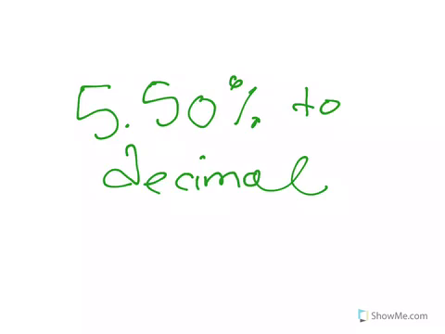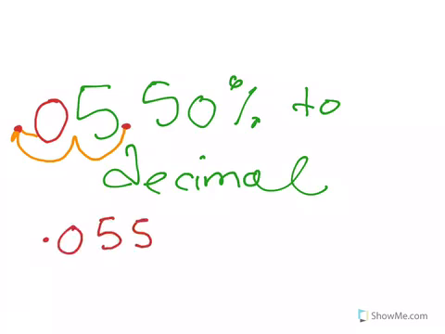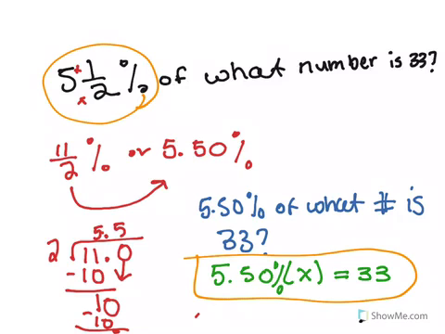You're going to move the decimal 2 times to the left, 1 and 2. You're going to put a placeholder of a 0 right there, and your decimal point will go here. So this becomes 0.055. Now this 0, we no longer need it.